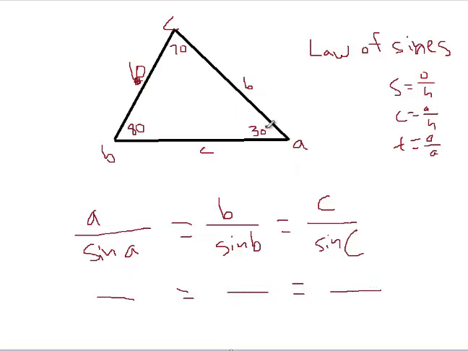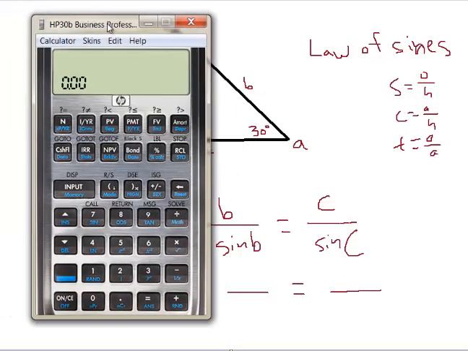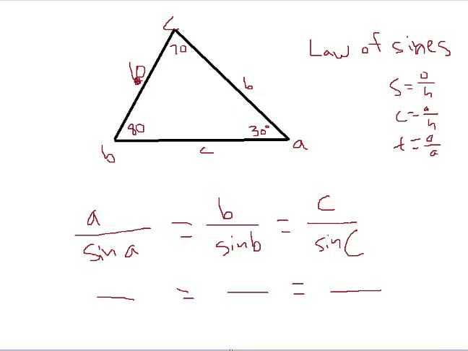Well, let's get the sine of 30 degrees. Let's get our calculator here. Sine of 30 degrees, which I know is 0.5, but just to make sure. So the sine is 0.5, so I'm going to write 0.5 on the bottom. Now let's put the side opposite that, which is 10, over here. Let's keep filling it out.